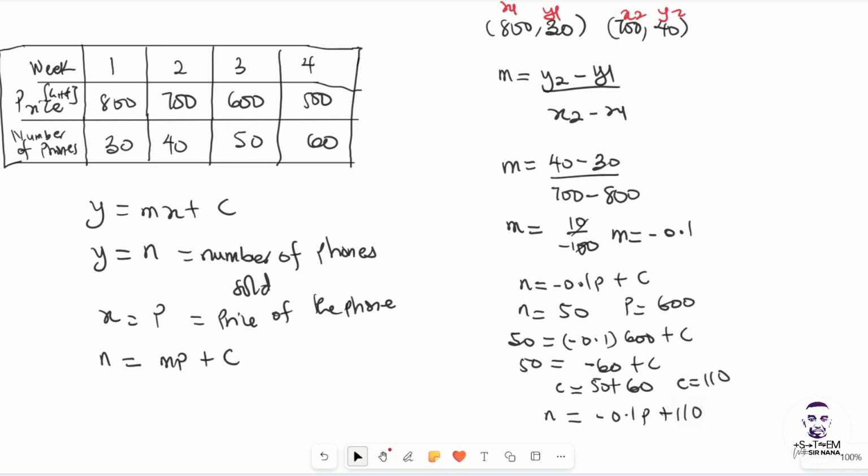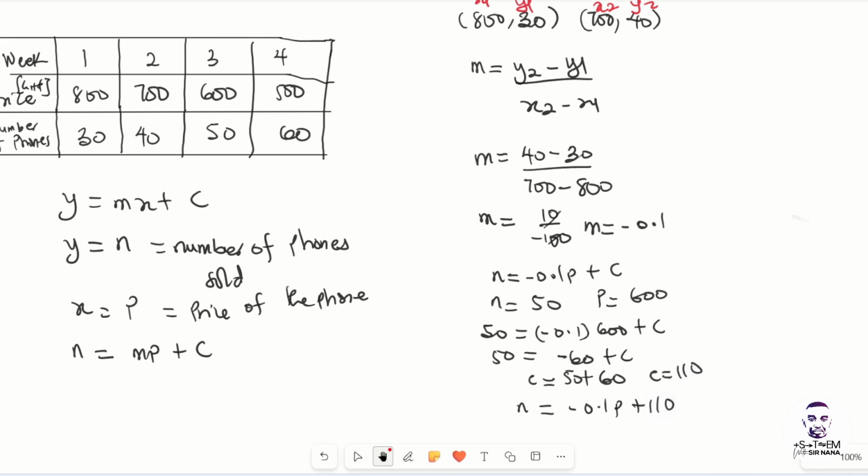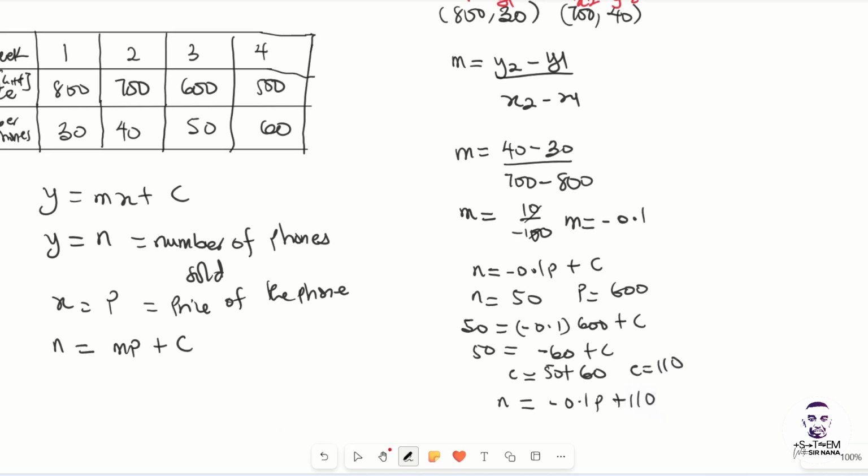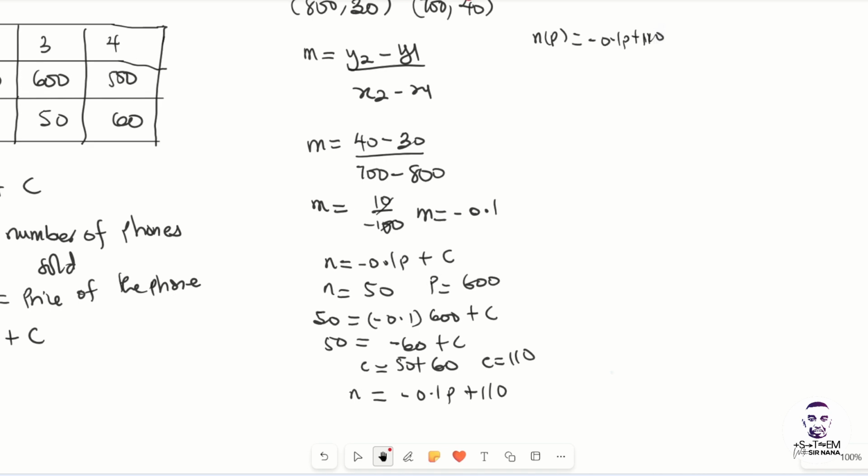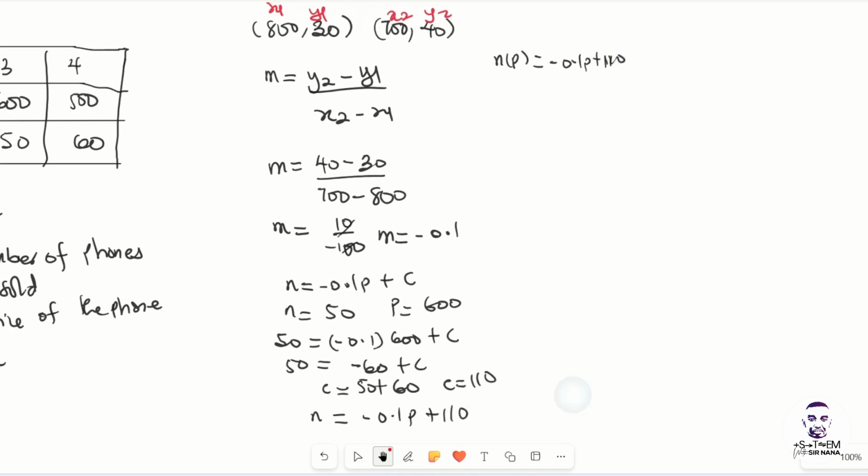We can write it as a function in this form: n of p, the number of phones with respect to the price, is equal to negative 0.1 p plus 110. So this represents the function.